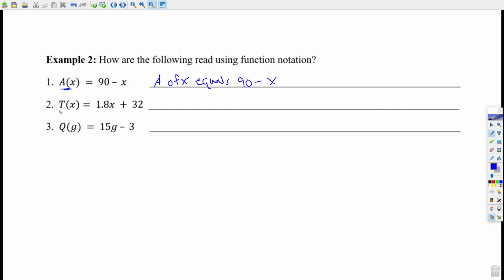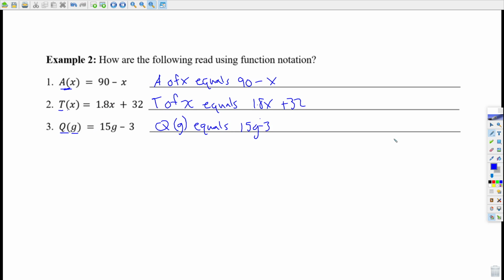Number 2, you would say this is t of x equals 1.8x plus 32. Again, don't have to write that out in words. And the last one would be Q of G equals 15G minus 3.